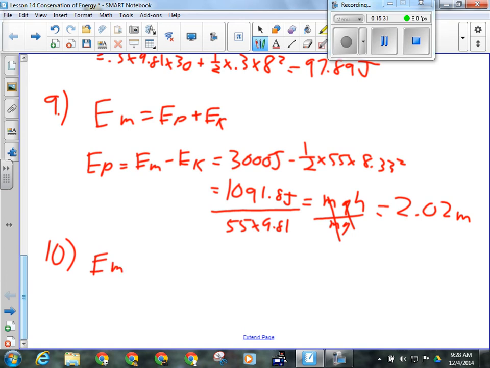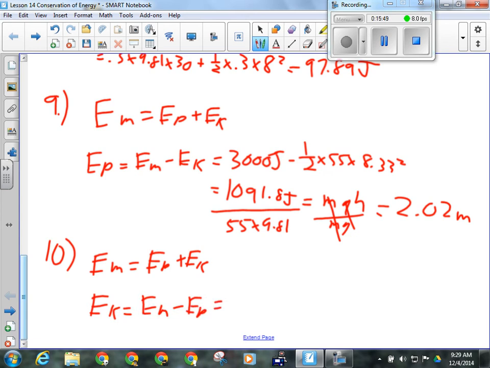So we start out with EM equals EP plus EK. Now we're trying to find EK. It's pretty much the same thing we did up here, except that we don't subtract EK, we subtract EP. So EK, the kinetic energy, is going to equal the mechanical energy minus the potential energy.